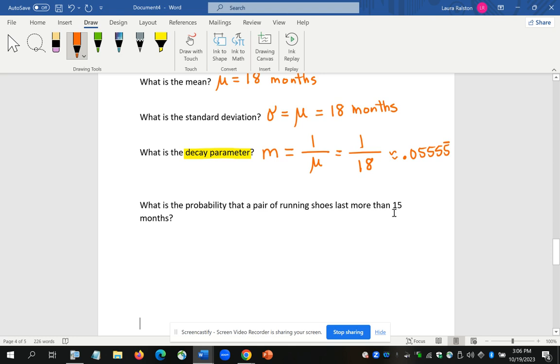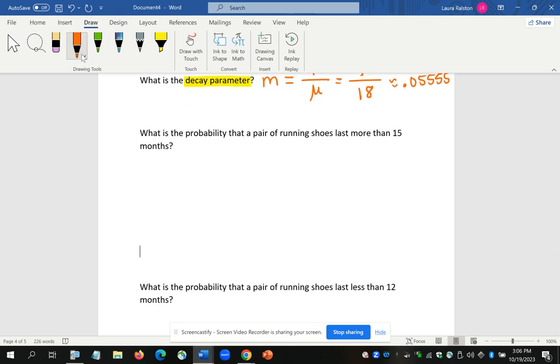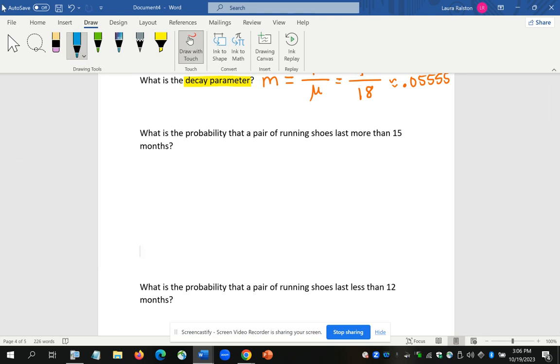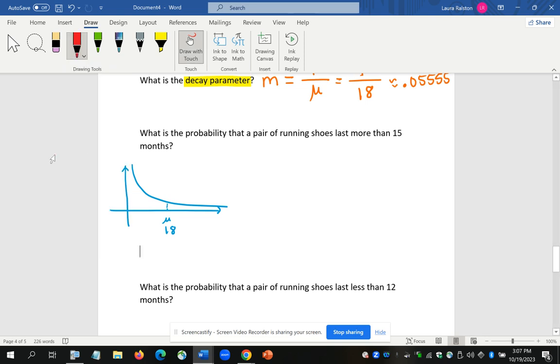Okay, so the first problem says, what is the probability that a pair of running shoes last more than 15 months? So again, if you have your exponential, and we know that the mean is 18, and we want to know if they last longer or more than 15.